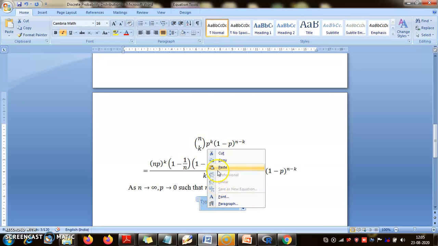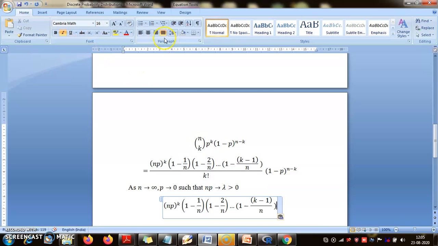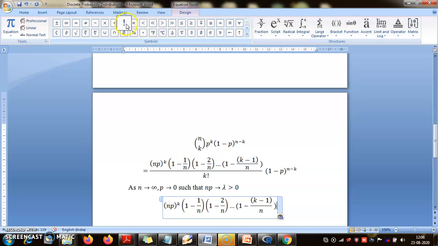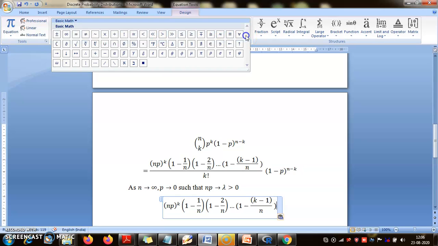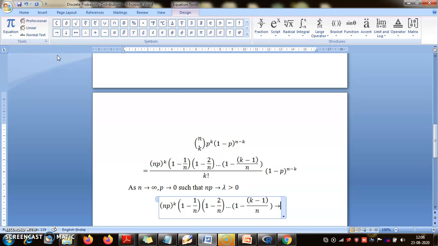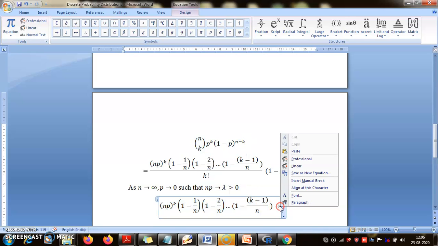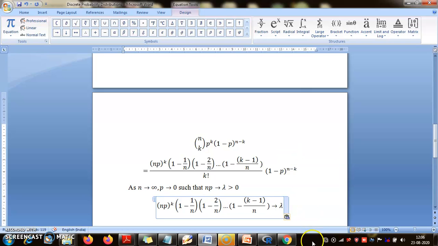The numerator. This would converge to, so each of these terms would converge to 1, and this would converge to lambda raised to the power k. I hope you know the logic, that if xn goes to x and g is a continuous function, then g(xn) goes to g(x). So this would be raised to the power k.